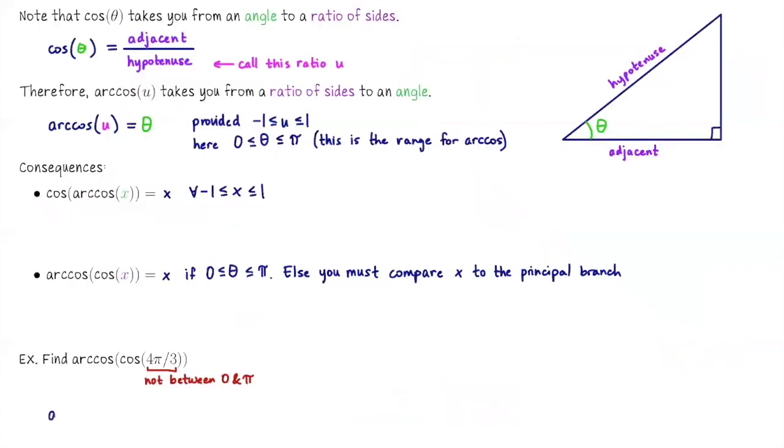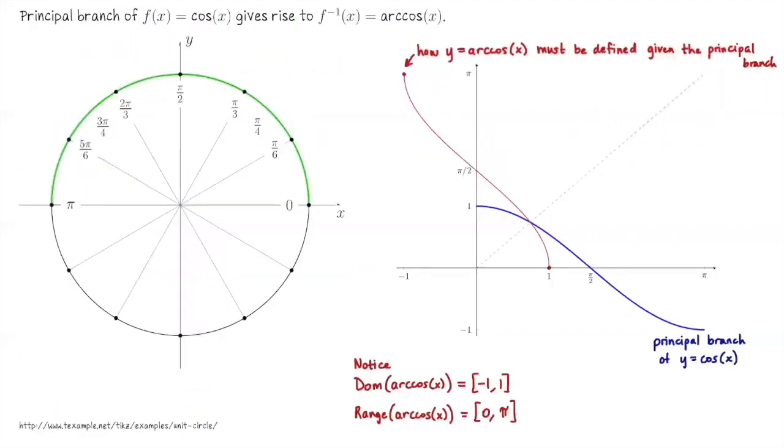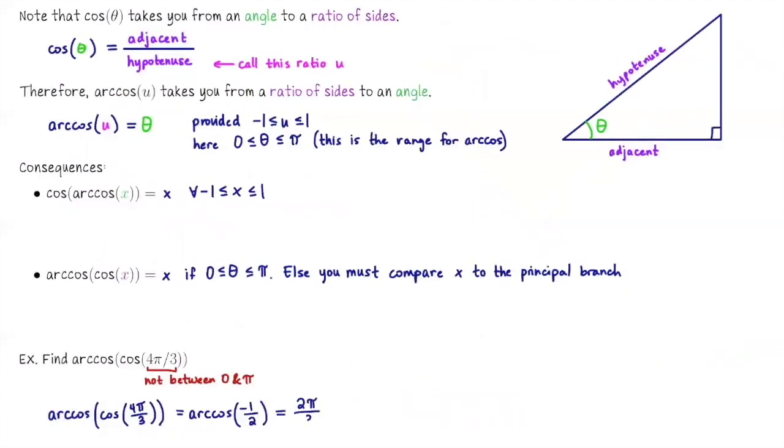Hence we write arc cosine of cosine of 4 pi over 3 is arc cosine of -1/2. And then we say arc cosine of -1/2 must be an angle between 0 and pi, whose cosine value is -1/2. And again, that angle is 2 pi over 3. So arc cosine of cosine of 4 pi over 3 returns you back 2 pi over 3.